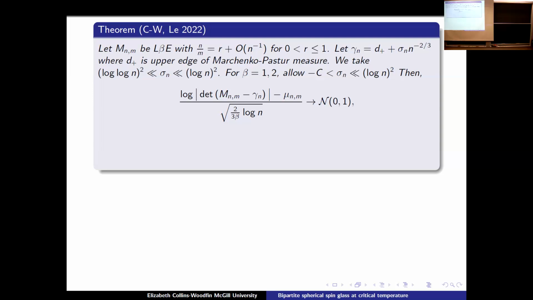Yeah, and in fact, I think the limitation is the methods, not that it isn't true. As I mentioned, there are two papers that prove this CLT result for the GOE or the Gaussian beta ensemble, but coming at it from different angles. We based ours on the approach in the paper of Johnstone and collaborators, and they had this same issue where they proved it up until this point.